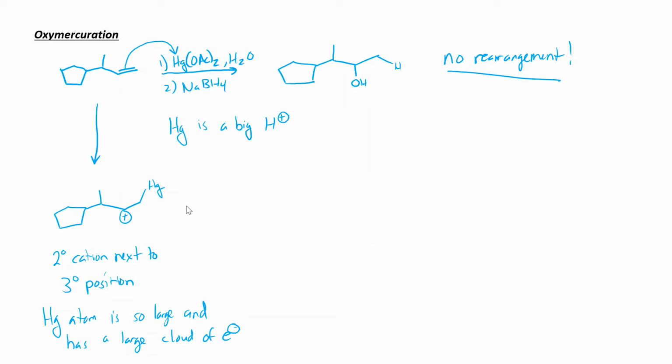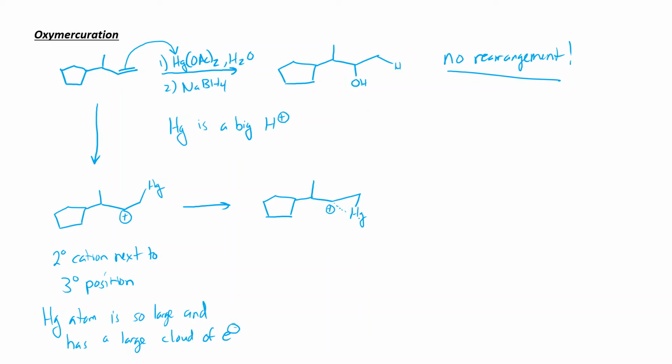And so instead of just sitting here, this is not the actual form of this cation. What we actually get is that the mercury shares its electrons with the carbocation. The carbocation is here at the secondary position, but then we have almost a half bond to mercury. We make this weird three-membered ring.